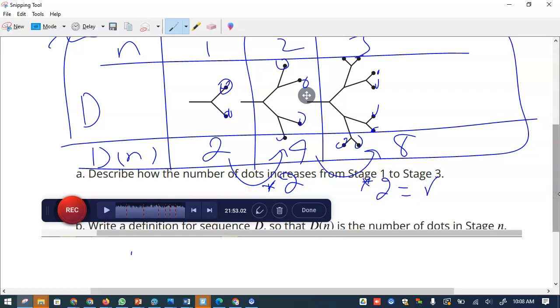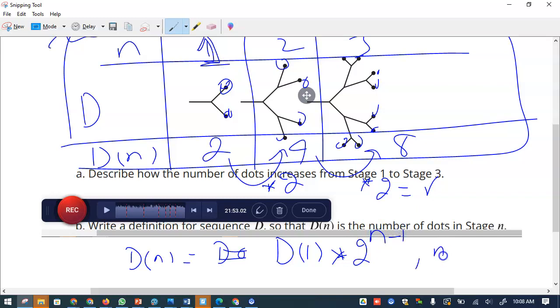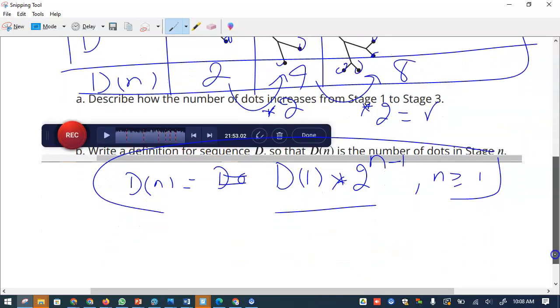And if you want to write the formula, always remember the beginning. Now here there's a 1, right? So I'm writing here whatever you have in the beginning, and then you multiply the growth factor, which is 2. But because you start with 1, I have to write n minus 1 and n greater than or equal to 1. That's the nth term.